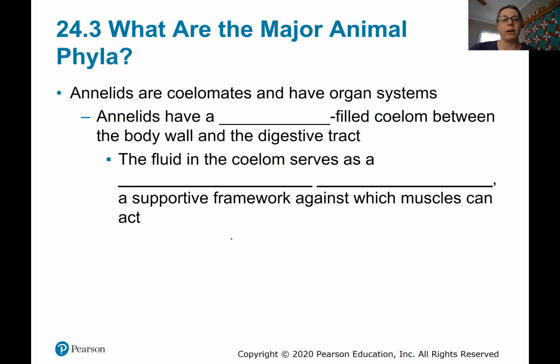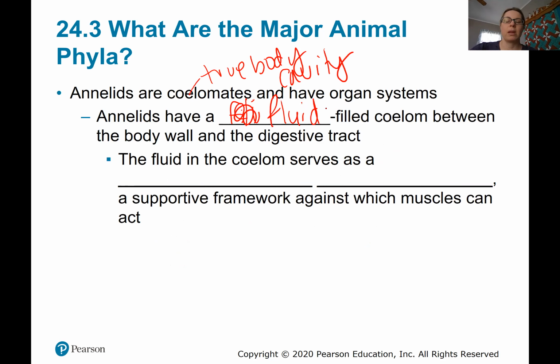Annelids have coelomate body plans. Remember, that's a true body cavity surrounded by mesoderm, where the tube is surrounded by mesoderm. And inside of that coelom is fluid. That body cavity is fluid filled. And that fluid serves as what we call a hydrostatic skeleton.